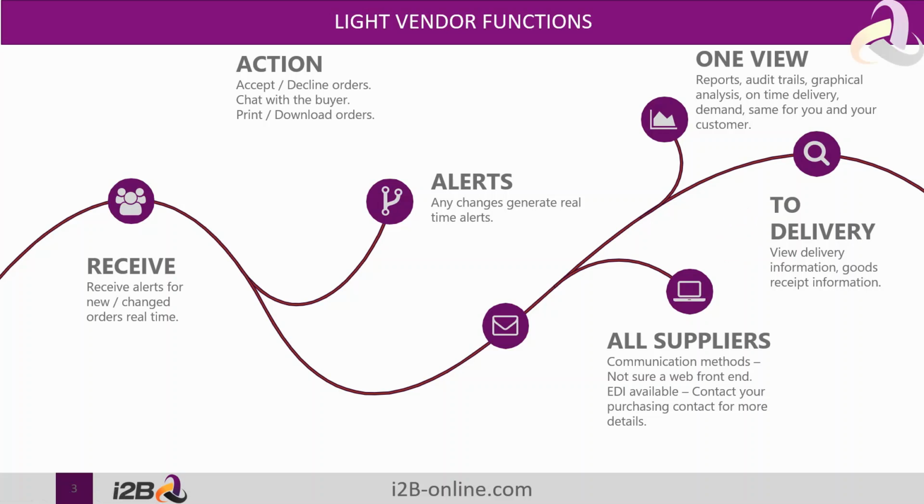So the same link that I clicked on previously when you view the order, any goods receipt information, as soon as that is booked in at your client side, will also update the order as well. So you'll be able to click on that link to view the order and see exactly what has been goods receipted, and when they were goods receipted as well. So you'll have full visibility of the order from receiving it all the way through to its completion.